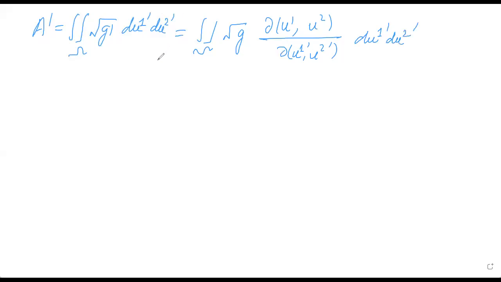जो कैलकुलेट कर रही थी इसकी वैल्यू and it was coming this, or this you can write double integral under root G du1 du2, which is just equal to A, the original area. So that means what?